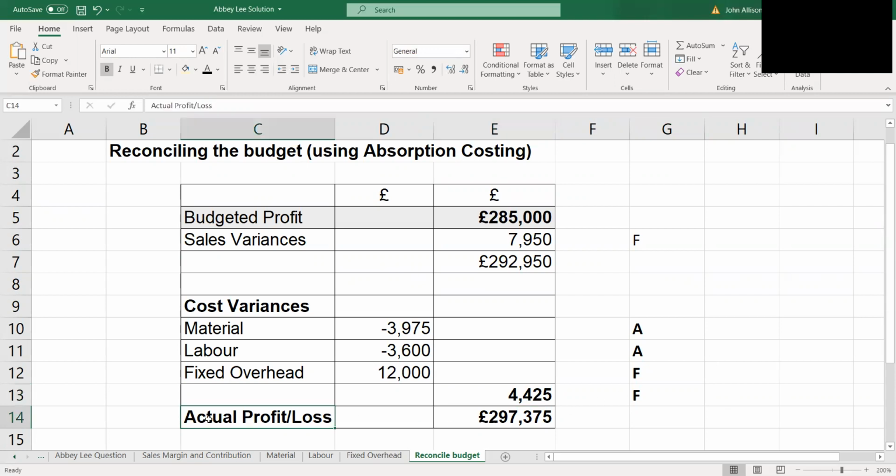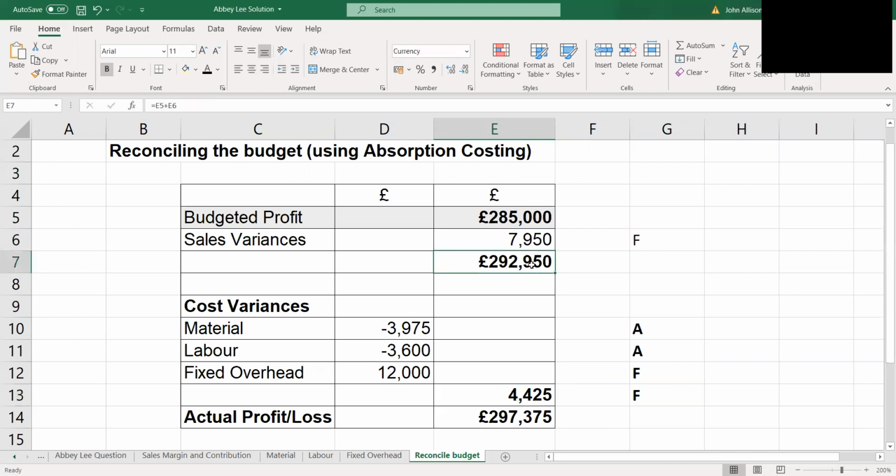So to get the actual profit, we get the budgeted profit plus the positive sales variance, which gives us £292,950. To that we add on the positive or the favourable cost variance. Because it was favourable, we're going to add it on. That is, the costs were £4,425 less than we thought.